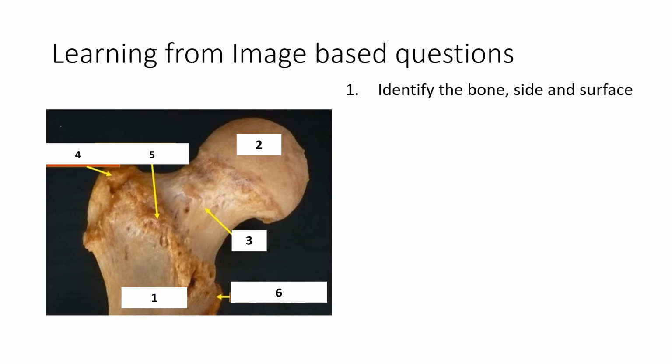So this bone, what is it? It is the long bone of the thigh. It is the femur. And how to identify its side? Look at the rounded head which faces medially. So from that you will be able to identify the side.